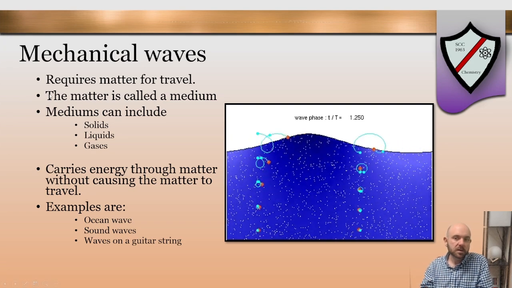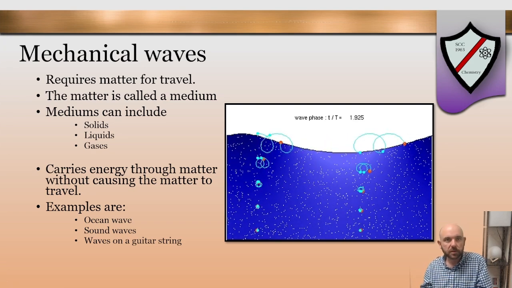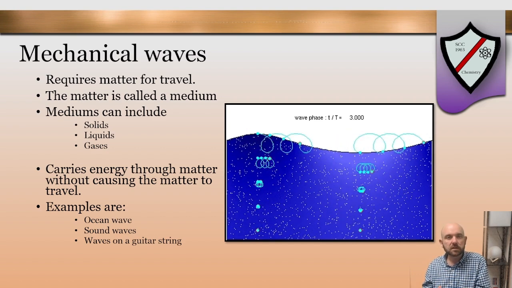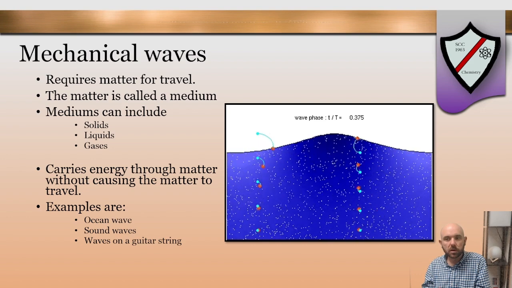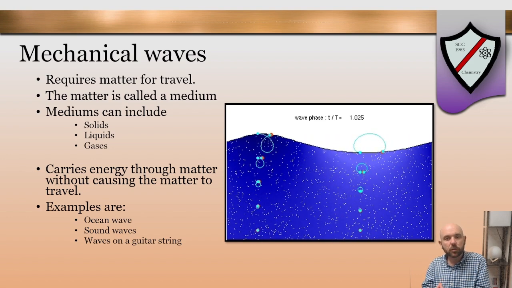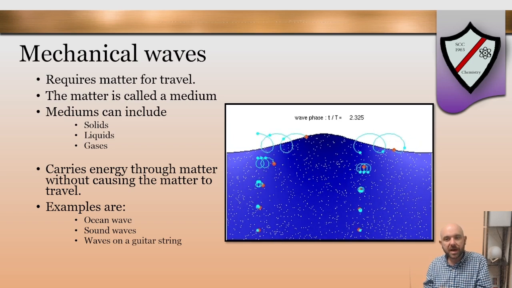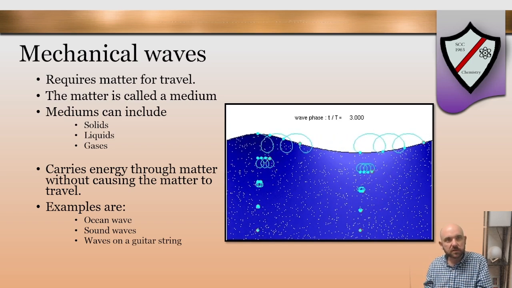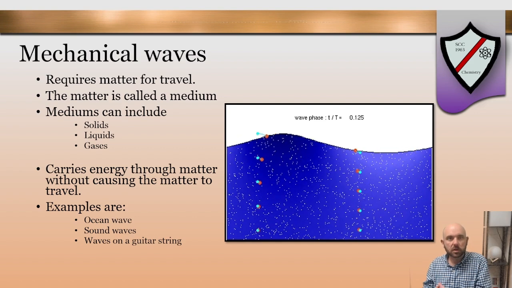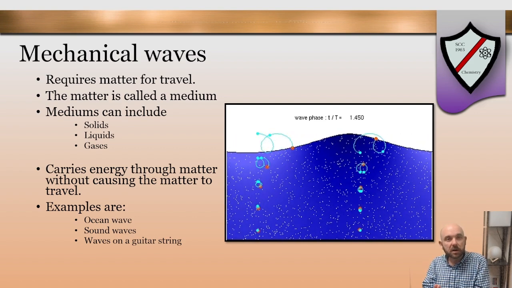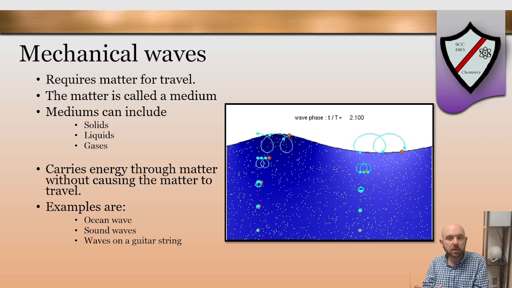So now this is what we're going to focus on for the majority of this lecture, these so-called mechanical waves. These are waves of energy that travel through matter. When a wave is traveling through matter, for instance, when a wave is making its way across the ocean or across a pond or some other body of water, then the matter that the wave is traveling through is called the medium.